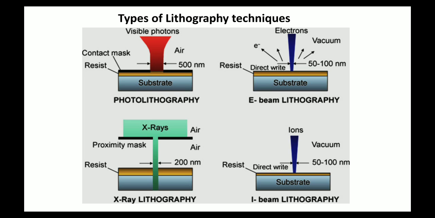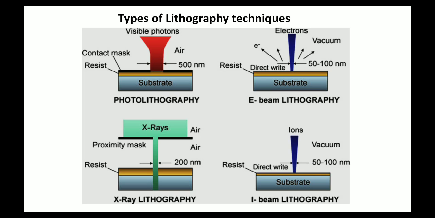So you can see photolithography. Basically there is a substrate, then you need a resist, particularly we call this a photoresist, and then there is a mask. Then visible photons are illuminated to make the pattern.